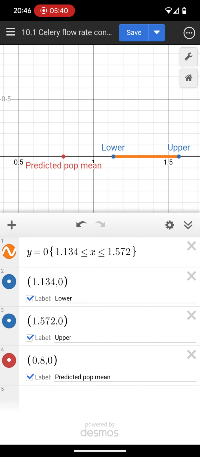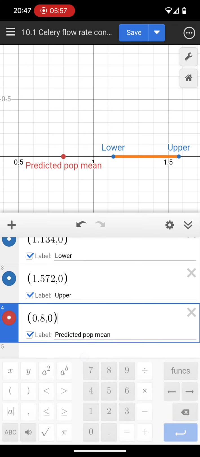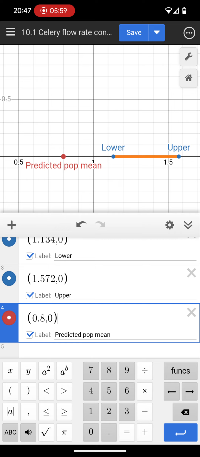This lower end is 1.13. The upper end is 1.57. The orange line are the places the population mean could be for this year's celery with leaves experiment. Last year, the population mean was down at 0.8, back here. That's not a possible population mean for this sample.